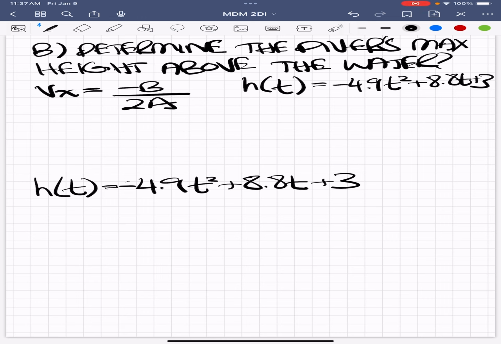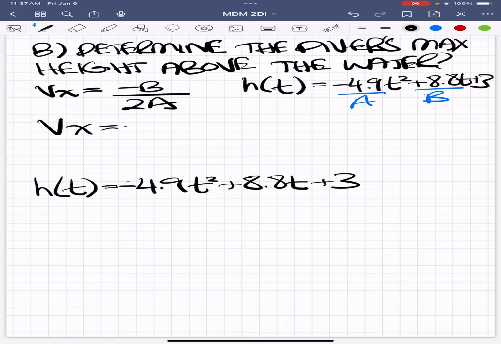So we have, this would be a, and this would be b. Okay, so we have Vx equals negative 8.8 over 2 times negative 4.9.